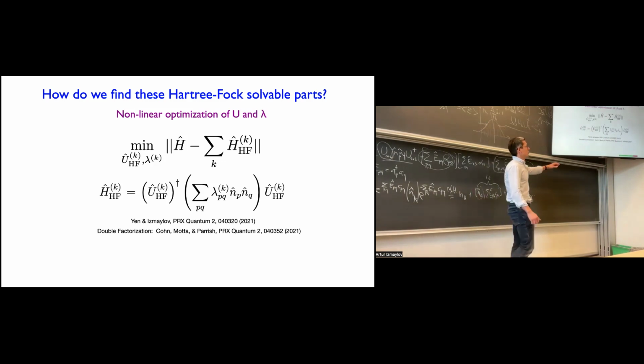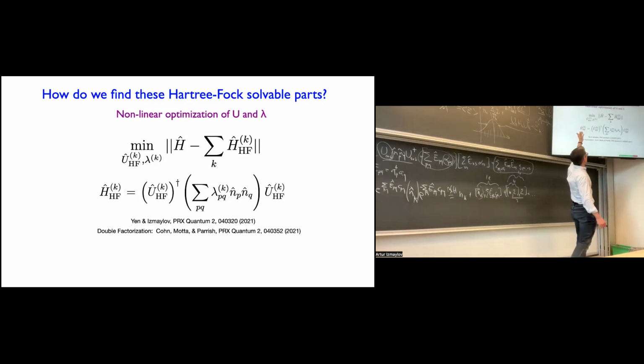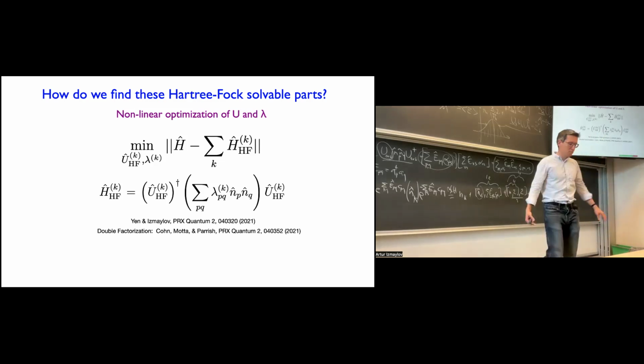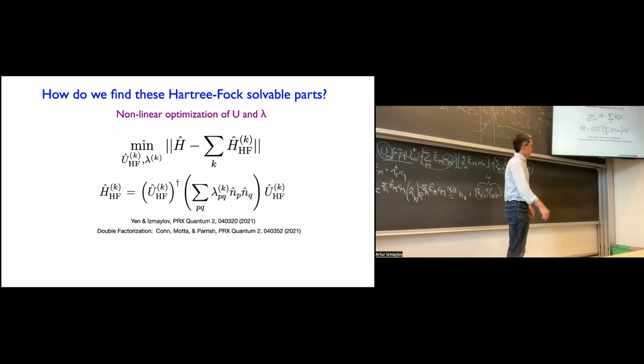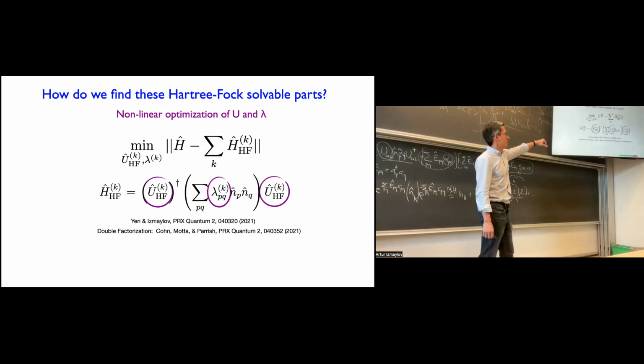And also, if you do Hartree-Fock on this sort of two-electron Hamiltonian, Hartree-Fock will always produce the exact answer, because Hartree-Fock will always find the rotations that will find the eigenstate of this Hamiltonian. Now, how do we find such fragments in the H?